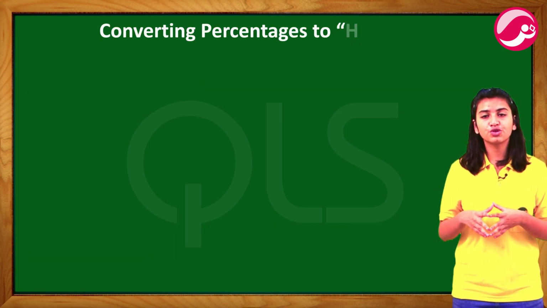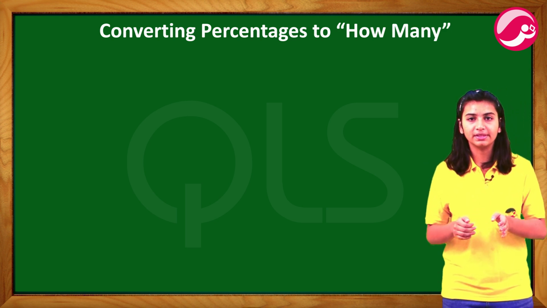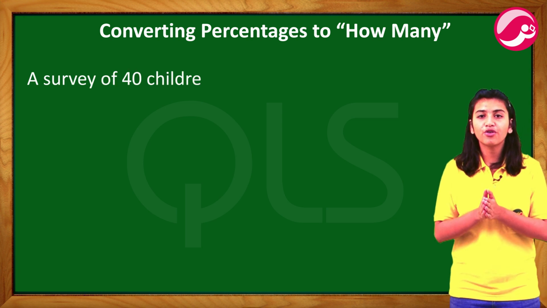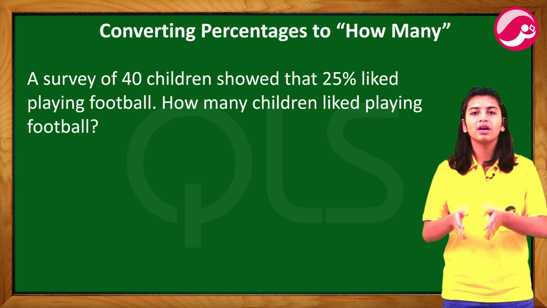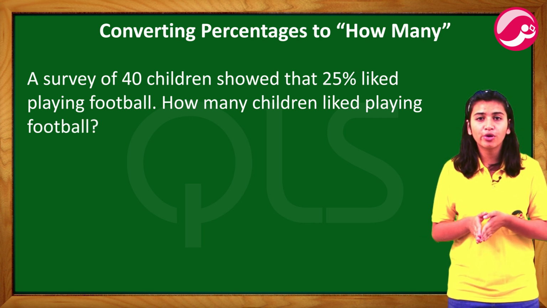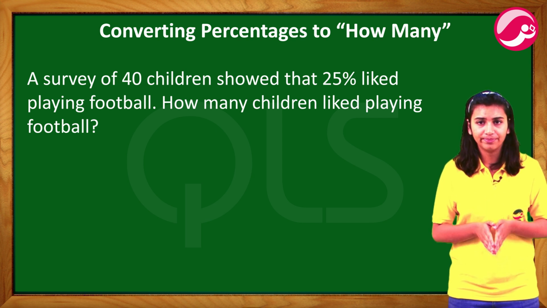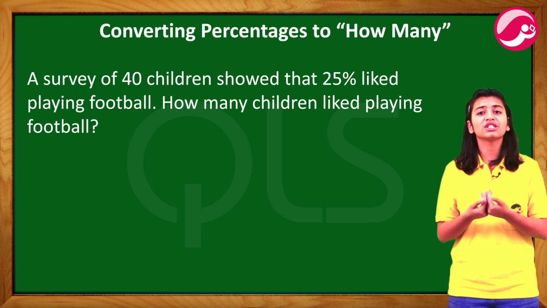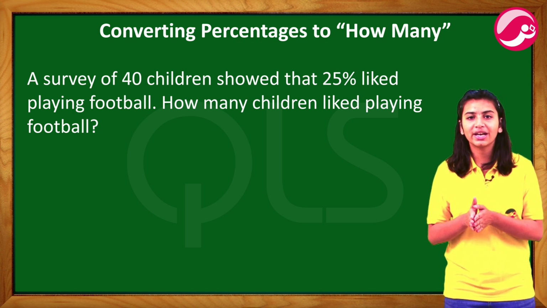Converting percentage to how many. Consider the following example. A survey of 40 students showed that 25% liked playing football. How many children liked playing football? Solution: here the total number of children is 40, out of which 25% like playing football. Meena and Arun use the following methods to find the number.